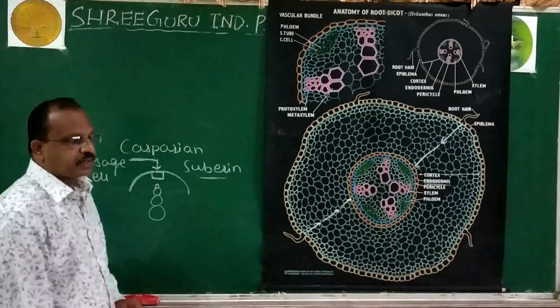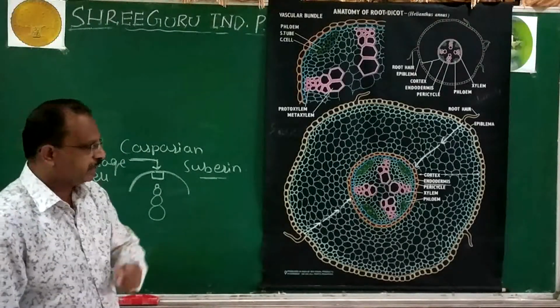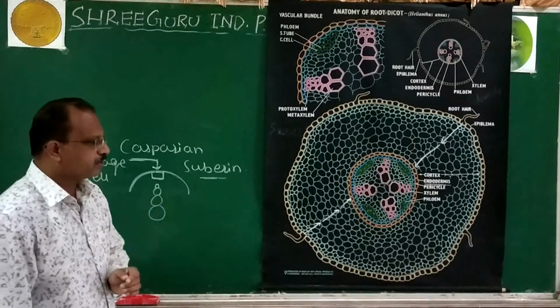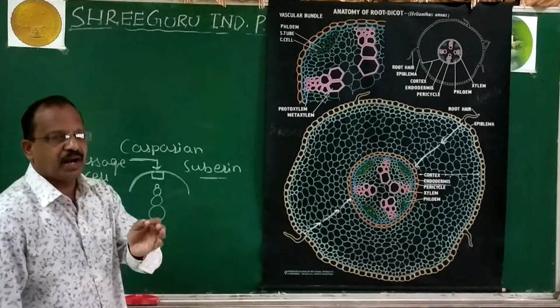Next matter is related to pericycle, vascular bundles, conjunctive tissue and pith.